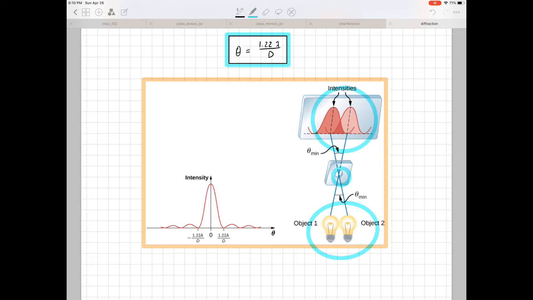And the idea is that if the central peaks are spread out far enough so that the central peak lines up with the first minimum of the other source, then that's the criterion to be able to distinguish between one or two distinct sources.